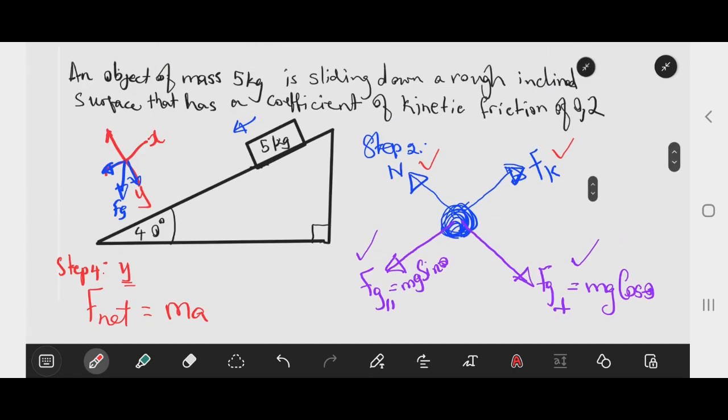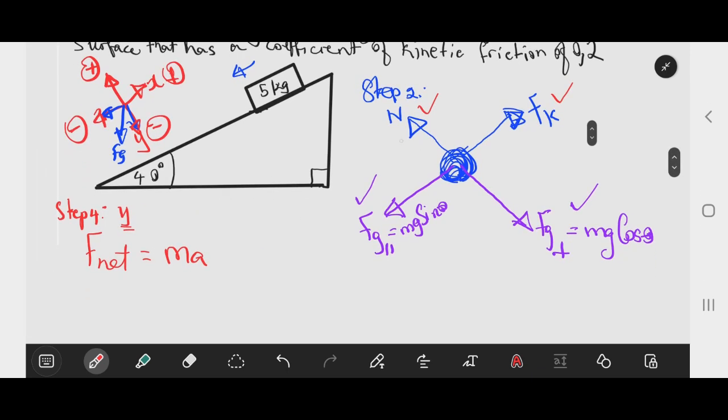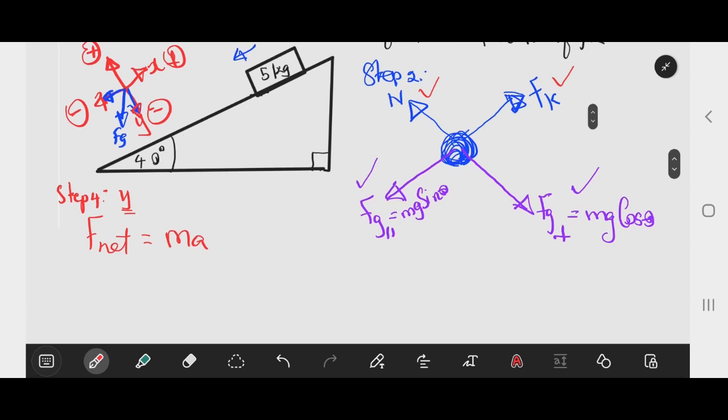Provided that we are choosing that direction as positive and that direction as negative, we have the normal force, which is acting in the positive y, and we have Fg perpendicular, which is equal to the mass multiplied by the acceleration.